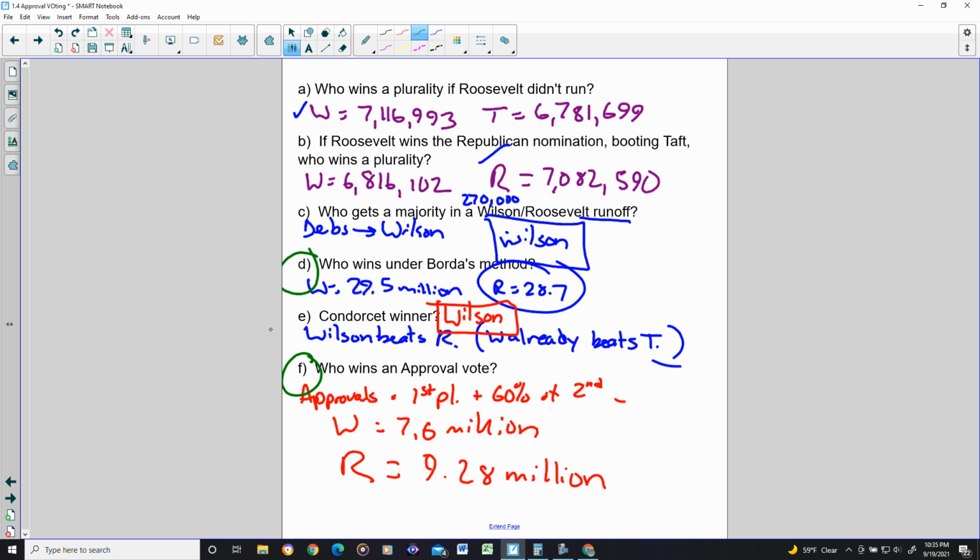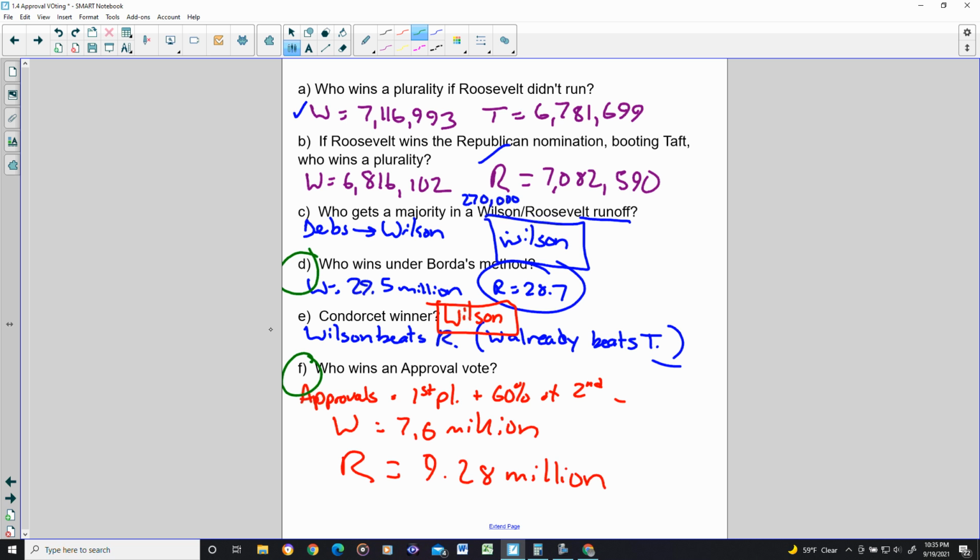Therefore, these two are going to have a very similar result. Not quite as close this time, but Roosevelt does have a significant approval lead here. Okay. So yeah, here's a case where in a more populistic outcome or a race, Roosevelt would easily have won.